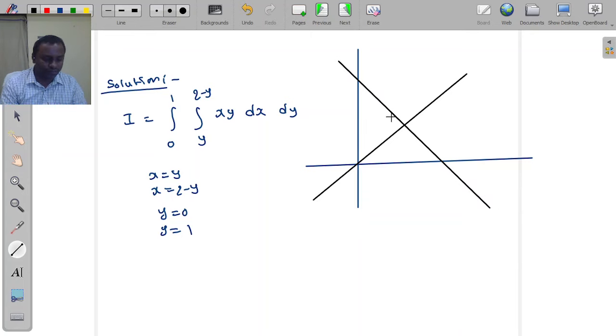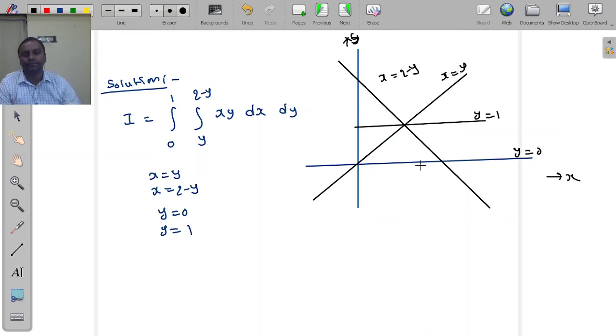This is the y equal to 0 line, and this is the y equal to 1 line.